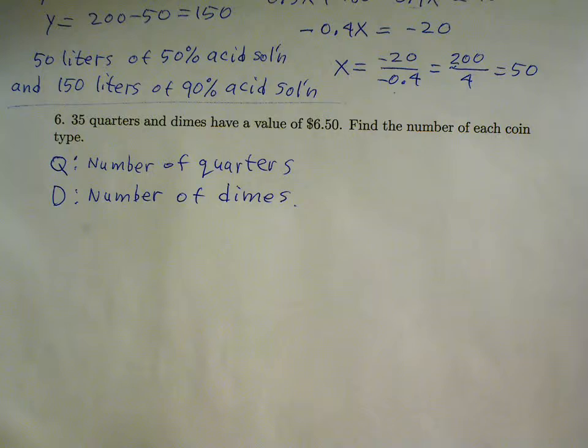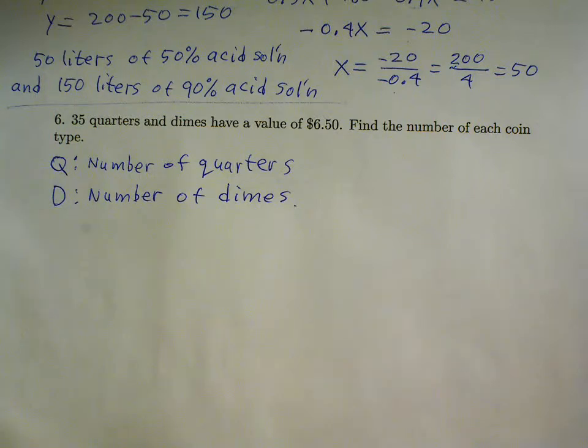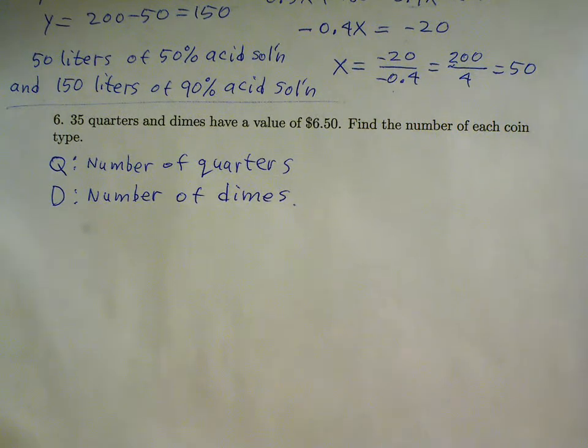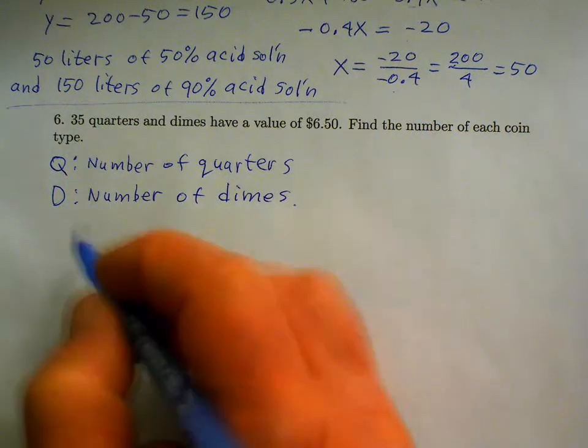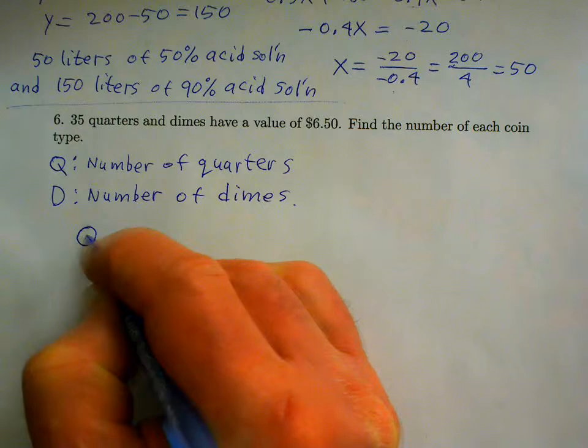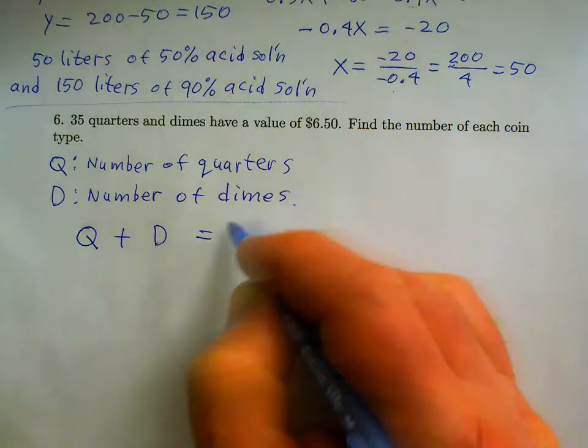Q plus D equals 650. Q and D don't represent monetary value. They just represent the number of quarters and dimes. 35 instead of 650. Yeah, we have 35 quarters and dimes. So Q quarters plus D dimes is 35.